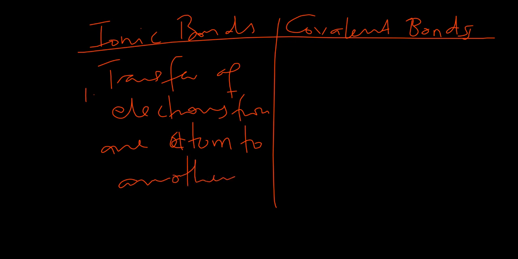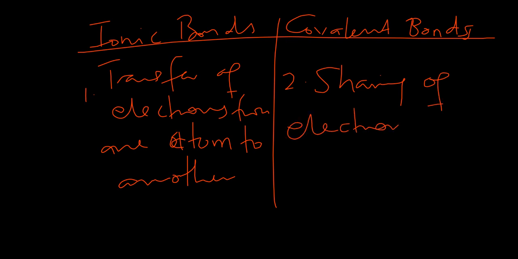Whilst in covalent bonds, they are formed by the sharing of electron pairs. Remember, these electron pairs are donated by the atoms involved. So that's the first difference between ionic bonds and covalent bonds.